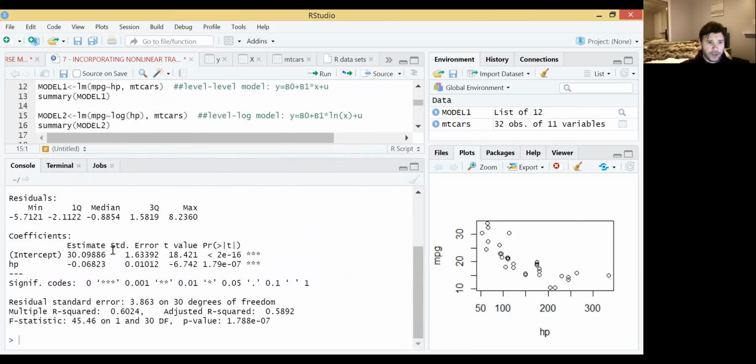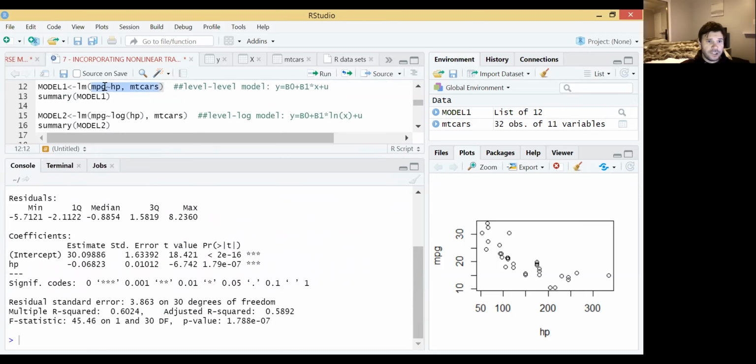the console window here. And you'll notice we have our intercept estimate. And the way to interpret that in this model is if the x variable horsepower is 0, then the predicted y value for our MPG variable, right, that is the model we've run here.